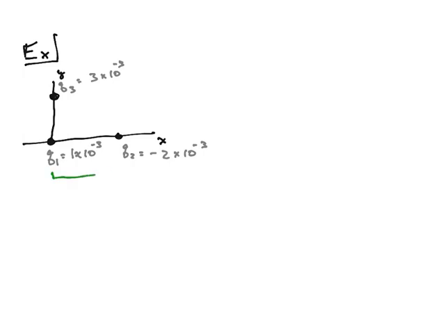Next, the distance from 1 to 2, I'll call that R12. I'll make that, let's say, 4 meters. And the distance over here, R13, I'll make it 3 meters. Okay? So there's our setup.